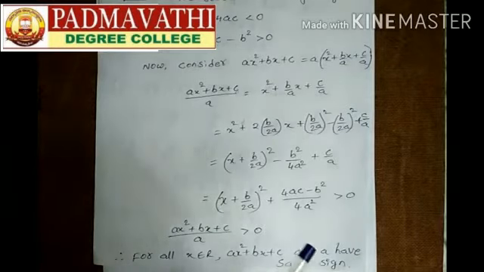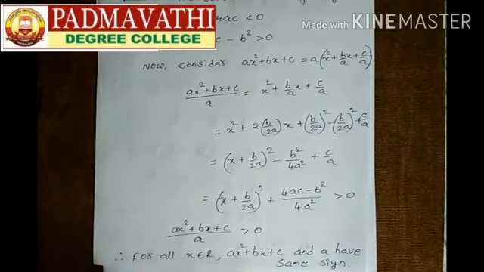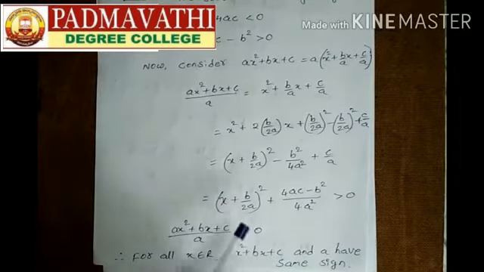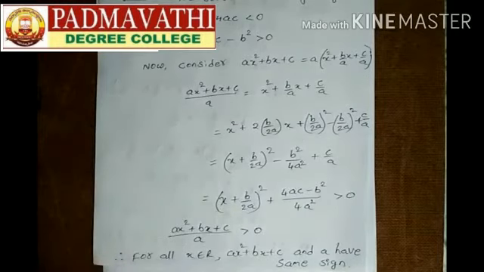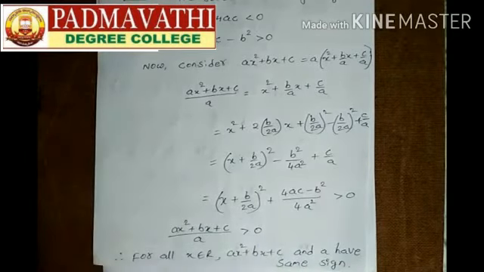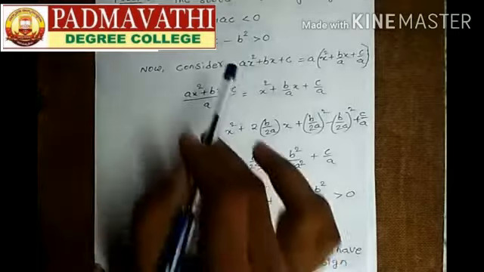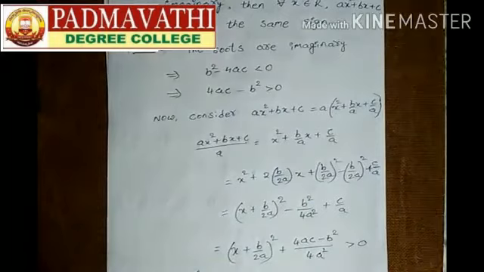If you observe this expression, the first term is x plus b by 2a whole square, which is definitely a positive value. Why? Because a square is always positive. Similarly, considering the second term, the denominator 4a square can be written as 2a whole square, so that is also positive. As well as the numerator 4ac minus b square, this is also positive. Why? Because we got the relation: the roots are imaginary, so 4ac minus b square is greater than 0.